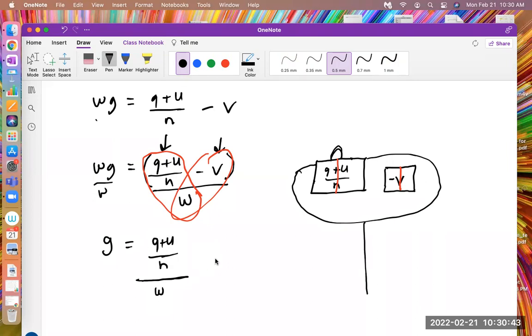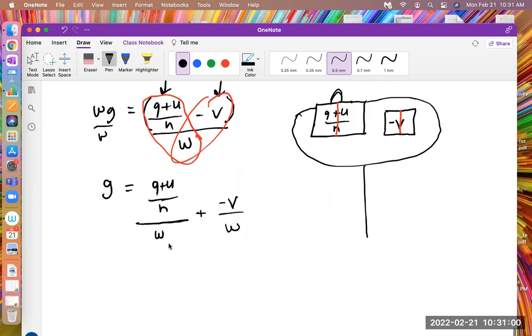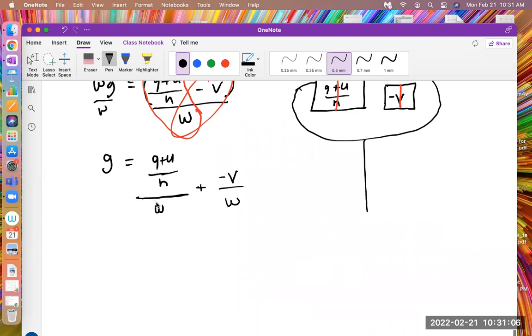And then we also have to do, we could do minus if we want to, or plus a negative v. I'm going to keep the negative sign with the v and make it into an addition problem. So this is what we call a complex fraction. It's kind of hard to simplify if you don't know how to simplify regular fractions.